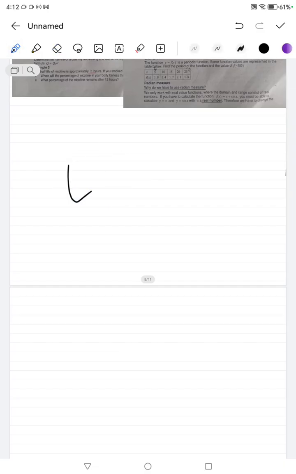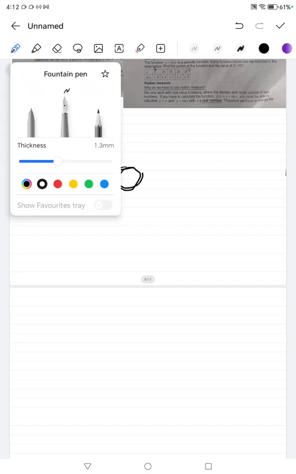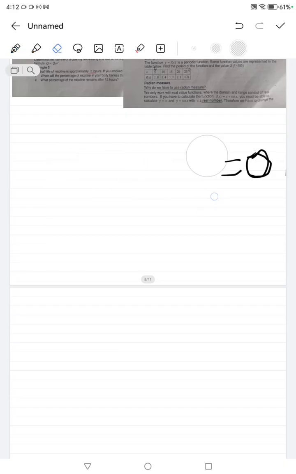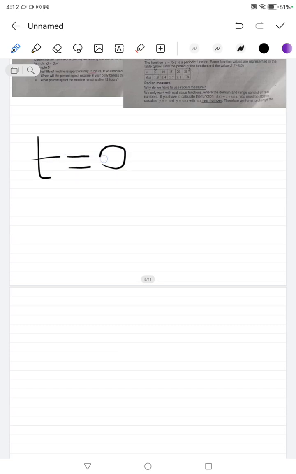Okay, let's try it again. I'm just gonna write big things, then it doesn't matter. Seems like when I'm adjusting it to bigger things it's better, because it's acting up now.